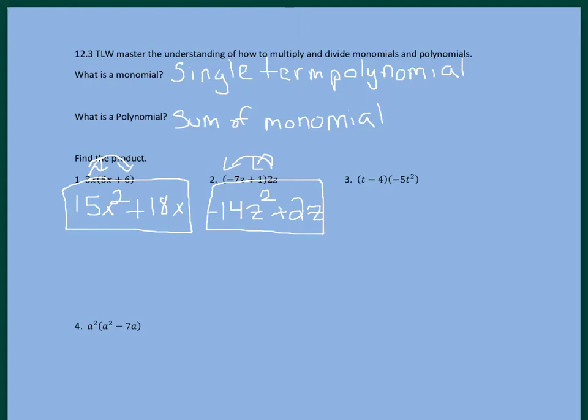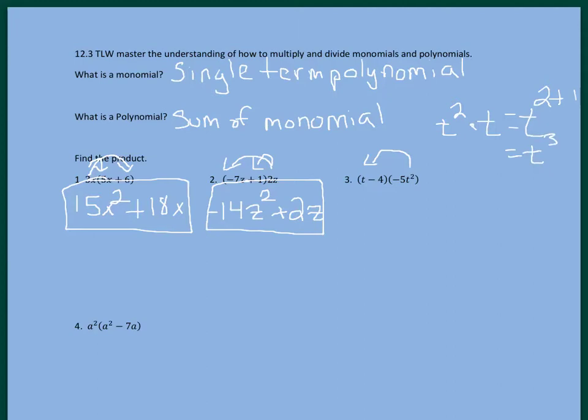Okay. Still, parentheses, parentheses, it means multiply, but that's negative 5t, so you have to distribute it. Negative 5t squared times t. Now remember, before we do this, quick review. If we had t squared times t, that's t to the 2 plus 1, which is t to the third.